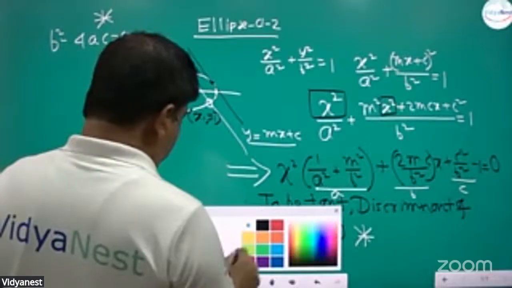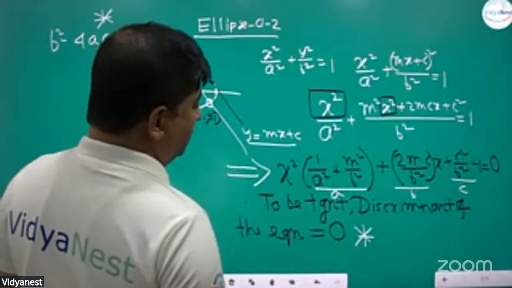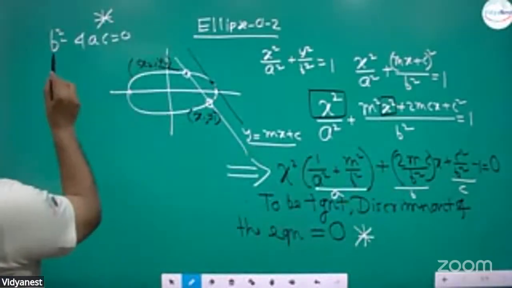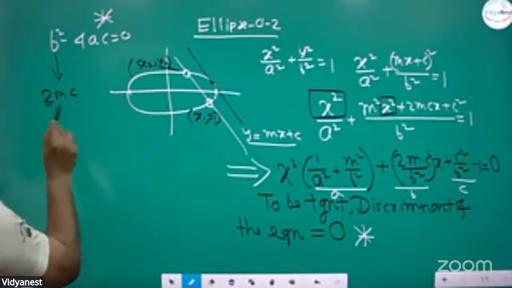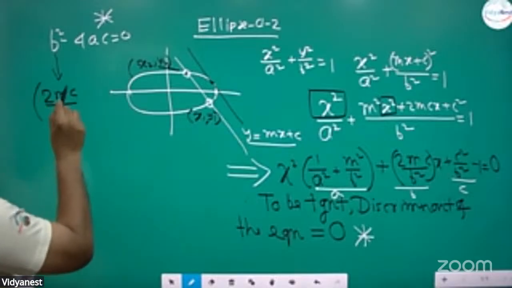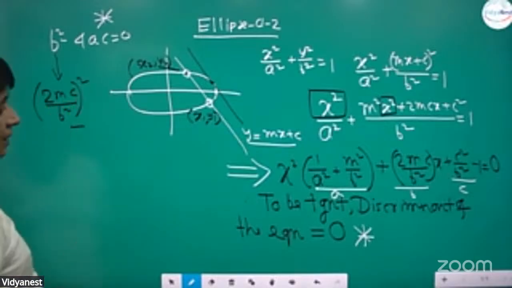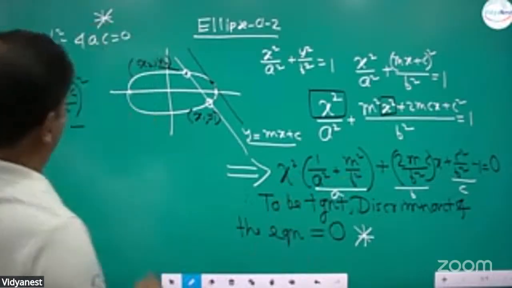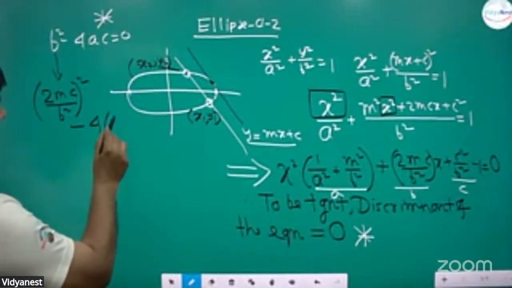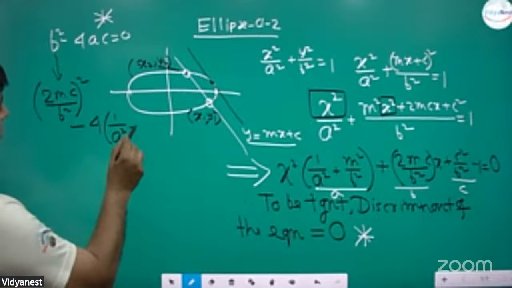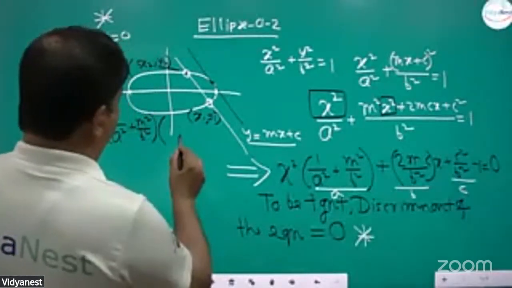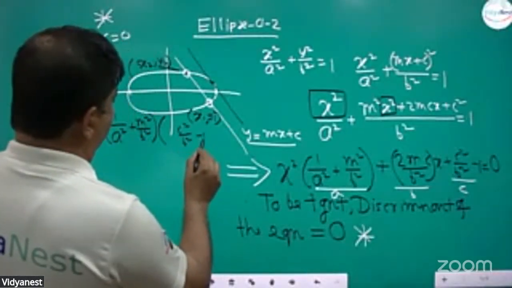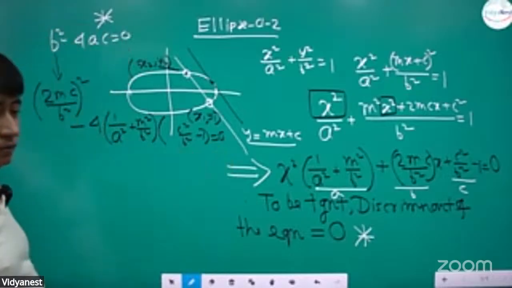It gives you what? What is b? Instead of b, you put 2mc by b square, whole square, minus 4ac, is equal to 0.